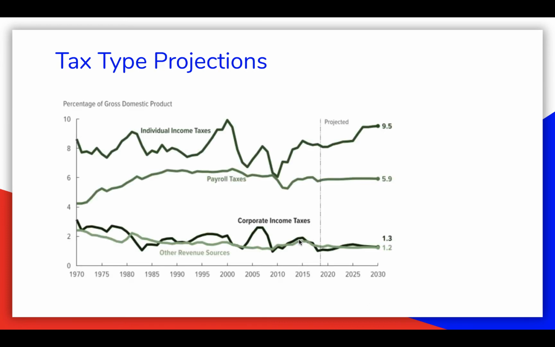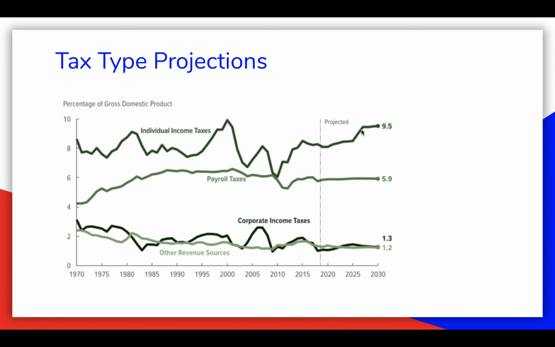So total revenues as a share of GDP, though, are expected to rise by 2030, largely because of increasing receipts from individual income taxes. So you'll note that nothing else is increasing from 2020 to 2030. Only individual income taxes.